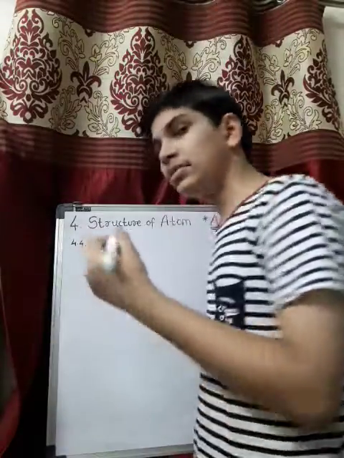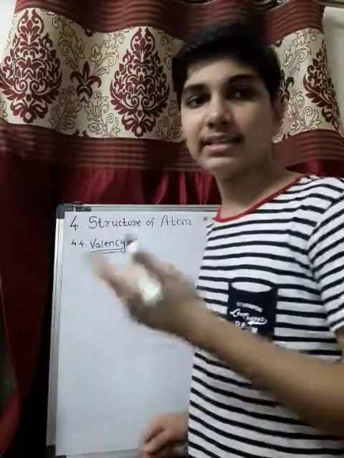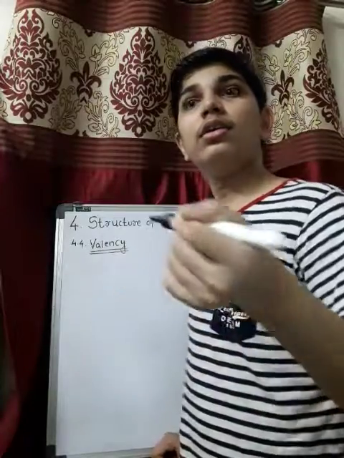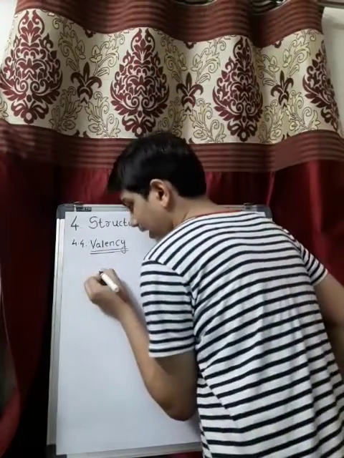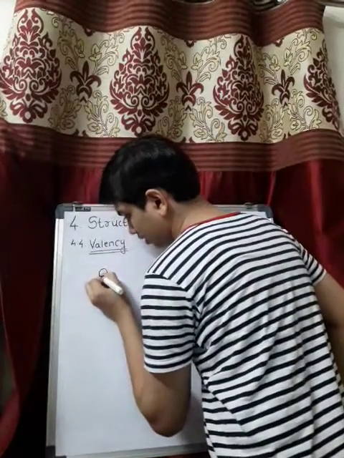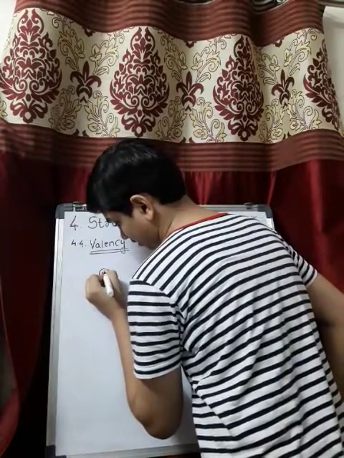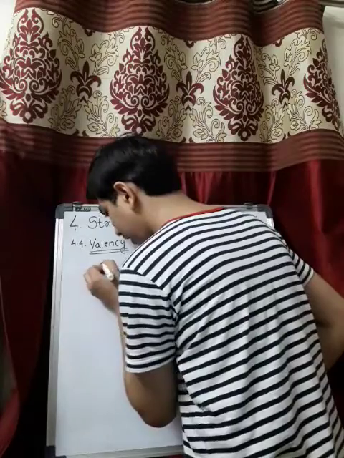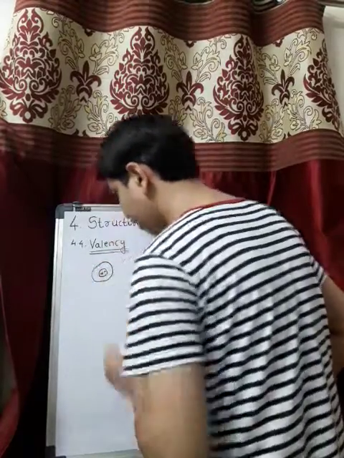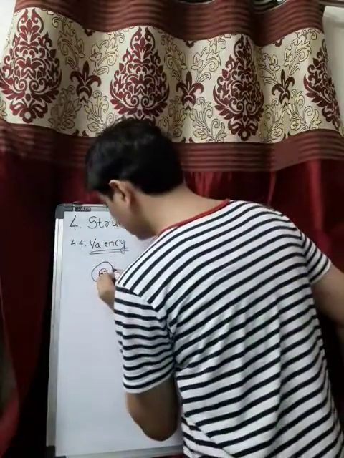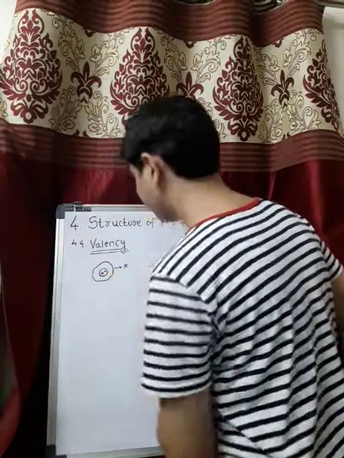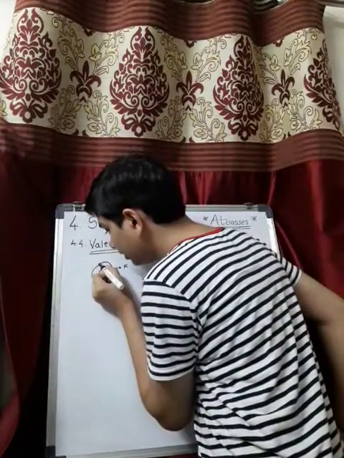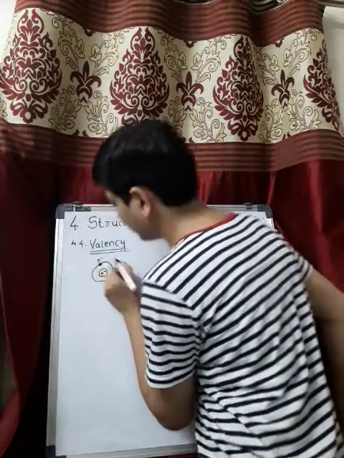Now let me take the example of the hydrogen atom. This is the nucleus, H plus, meaning hydrogen's proton, and it has a single shell, that is shell K, and it has only one single electron, E minus.